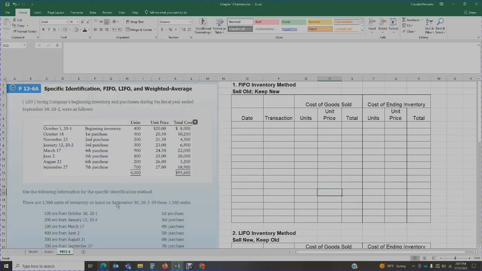Okay, so I've set up my calculations like this. That way we can keep track of our cost of goods sold and our cost of ending inventory. Okay, so let's get started. Okay, now there's different ways for you to do this calculation. Okay, what I'm going to do is I'm going to start off by copying the date.